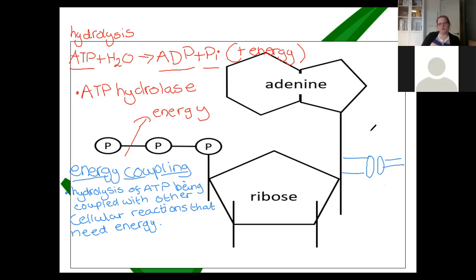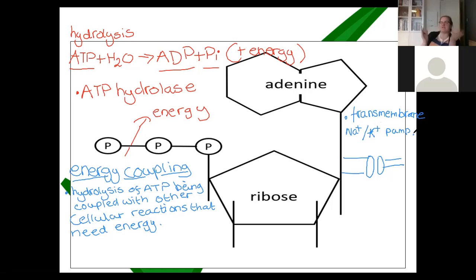One pump that we can get is called a transmembrane sodium potassium pump.